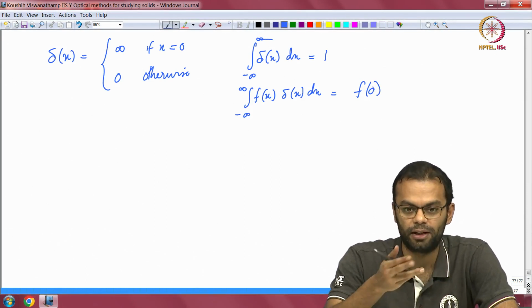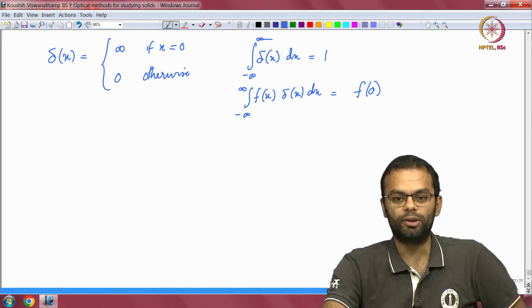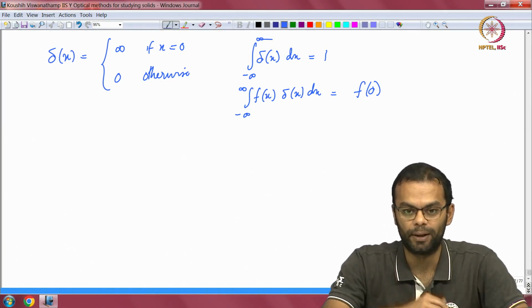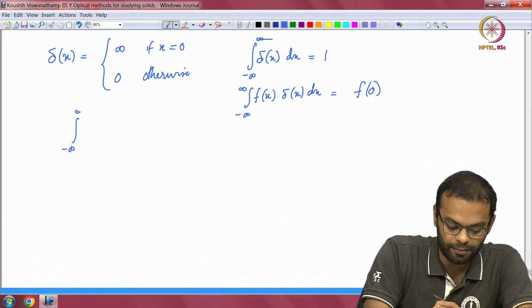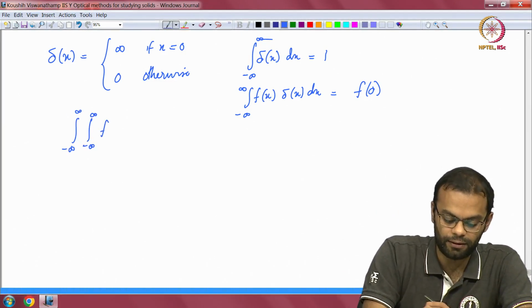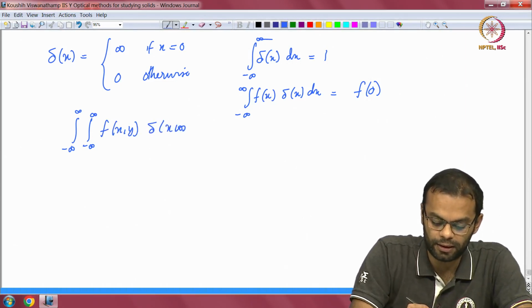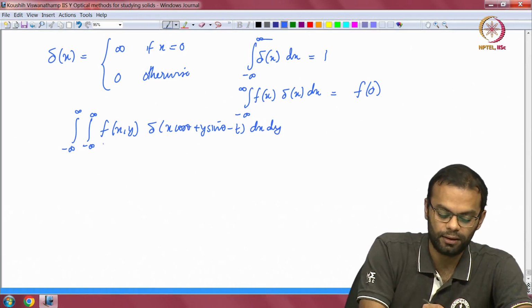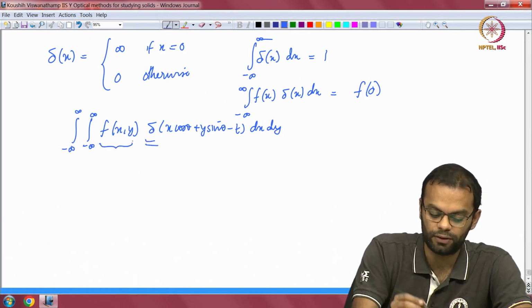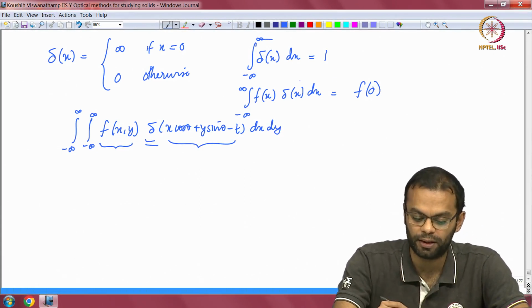It is basically a manipulative tool, it is not really a function in the conventional sense of the word, it is a manipulative tool that you can use to represent integrals in some form, right. So, when we wrote this double integral, it basically means that when you had f of x y delta of x cos theta minus t dx dy, this delta is only picking out the values of f along this line, right, just like x equal to 0 was picked out here.